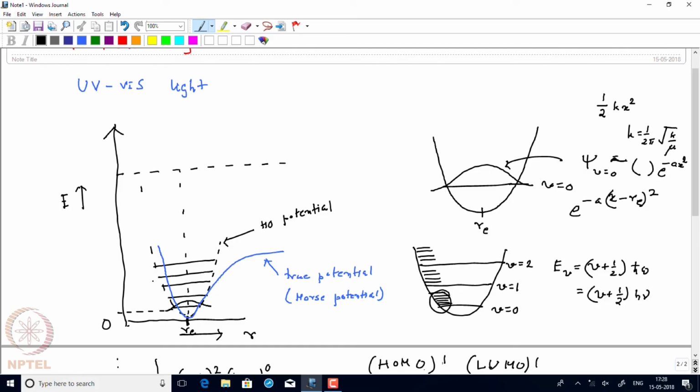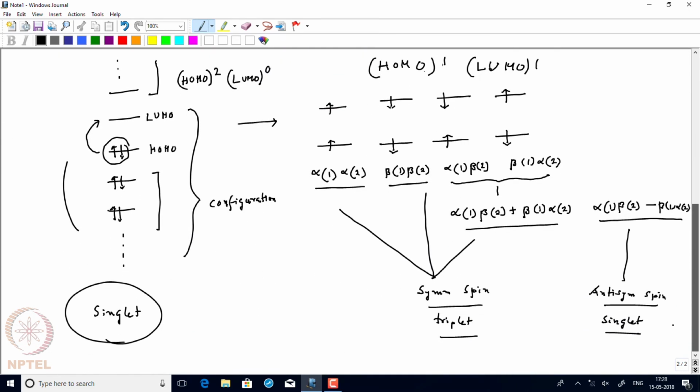So what we are representing here is basically the state of the molecule. Now every state of the molecule will also have some energy level, in the sense that it is a singlet electronic state, and this singlet electronic state has a vibrational manifold. Excited electronic state means we promoted one electron from HOMO to LUMO according to the electronic configuration, but I can actually have 4 configurations, and according to the Schrodinger equation they also have the same energy, because the Schrodinger equation does not take into account the spin energy.